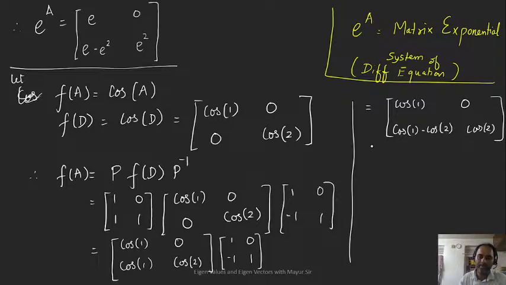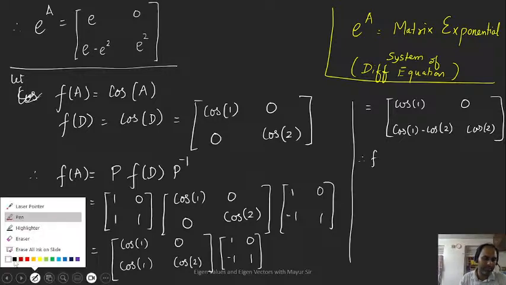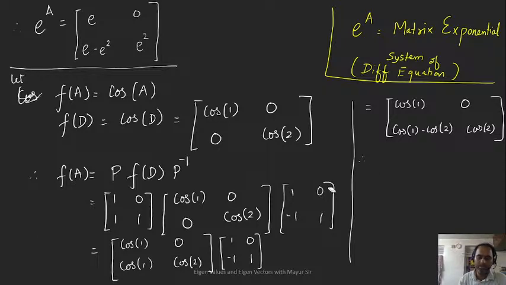So I have obtained, therefore, f of A. F of A is cos A, right? So cos of A equals [cos 1, cos 1 minus cos 2; 0, cos 2]. So this is the final answer.